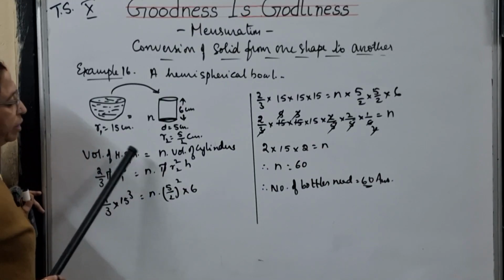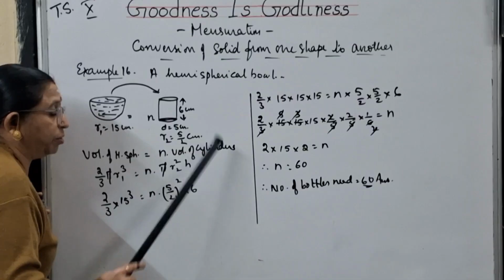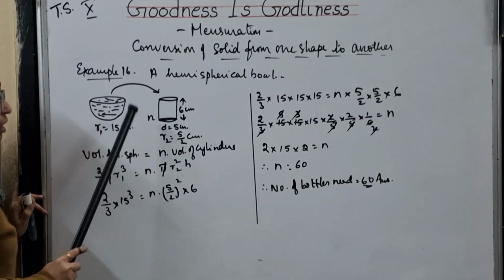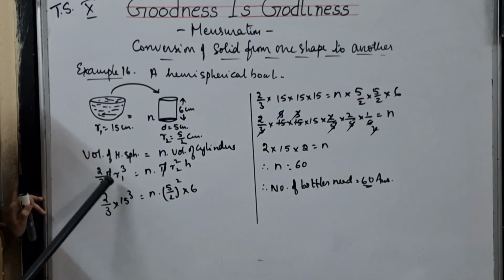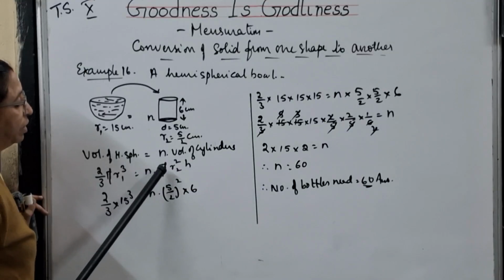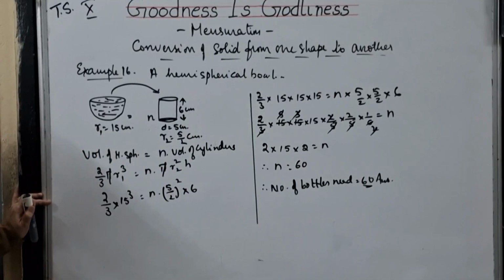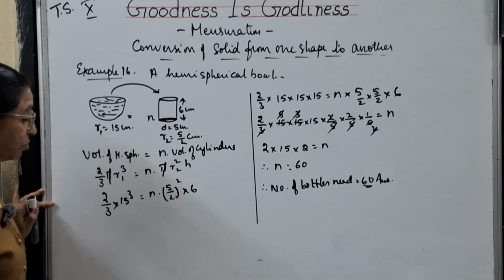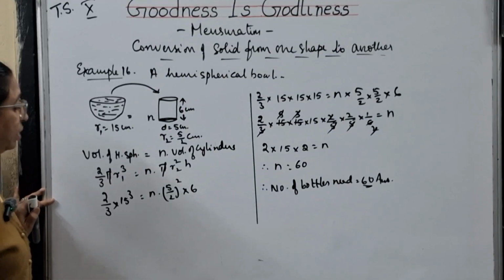So volume of hemisphere should be equal to n times volume of cylinders, because not one, n, we don't know how many. So 2 by 3 pi R1 cube is equal to n pi R2 square h. Pi R square h is the formula for cylinder, n times.